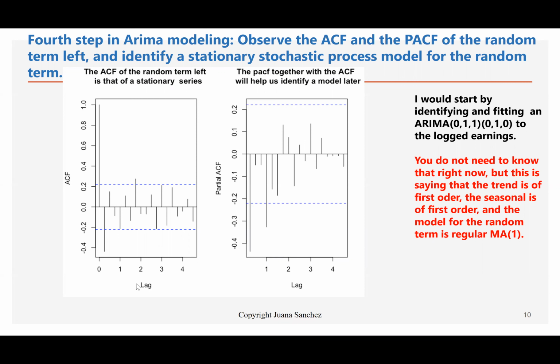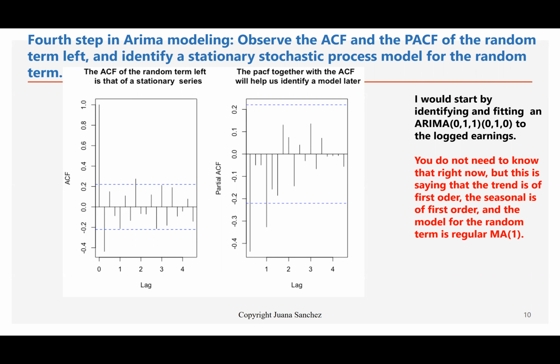I base that on two things. I look at the ACF, and this is an ACF of a stationary time series, meaning constant mean and constant variance. Of course, there are many, many very different ACFs of different stationary processes. So that's something that we'll get used to when we study the theory of a stationary stochastic process.